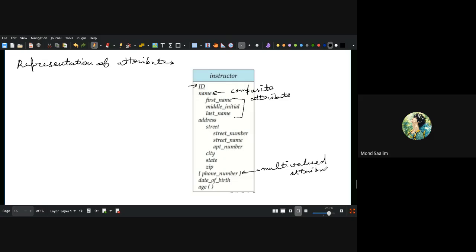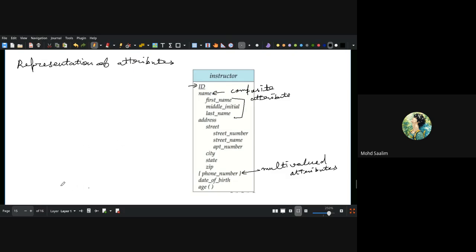For example, I have two phone numbers. I will store them using a comma. So this is the first phone number. This is the second phone number. I am storing them using a comma between them in a single attribute, like phone number. So this is a multi-valued attribute which is storing multiple values.